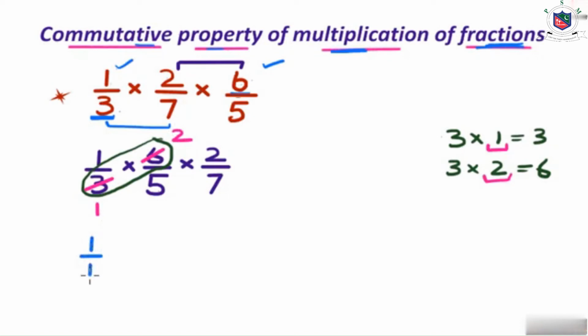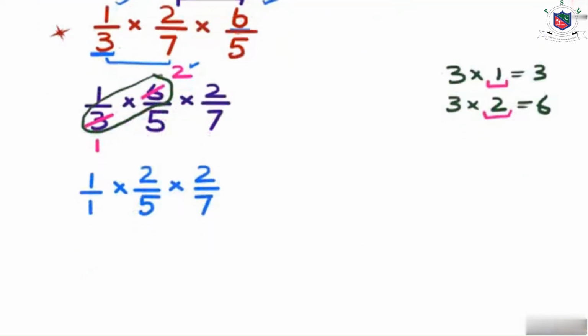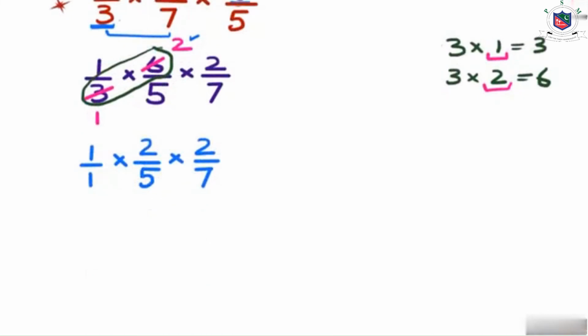Now by multiplying the numerator with the numerator and the denominator with the denominator, which fraction can we get? Yes, 2 upon 5 multiplied by 2 upon 7. Now, as you know, 1 upon 1 means 1.